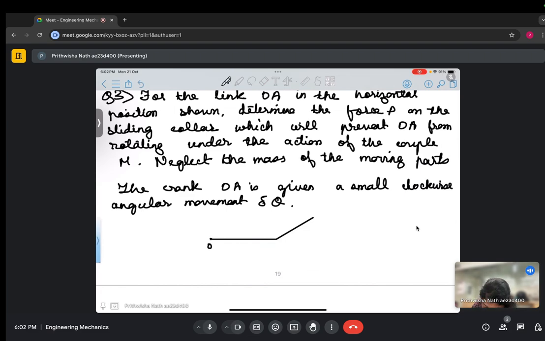This point is O, this point is A, and this point is B. Now after giving a clockwise movement, this becomes like this.